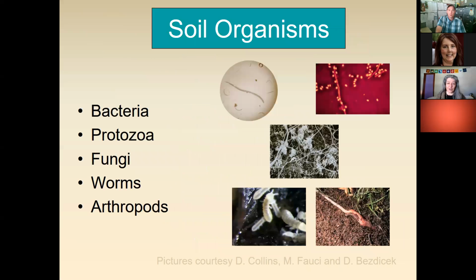All right. So first, soil organisms. I like to think of composting as a microorganism farm. We have all these different microorganisms. Some of them are microscopic, some of them we can see. You've got your bigger beetles and worms and things like that, and then you have your bacteria, your protozoa and whatnot.